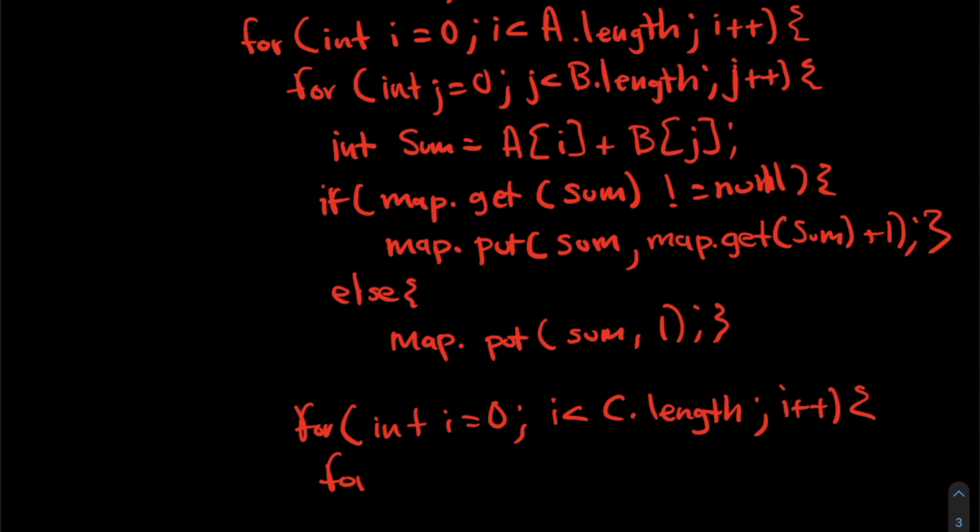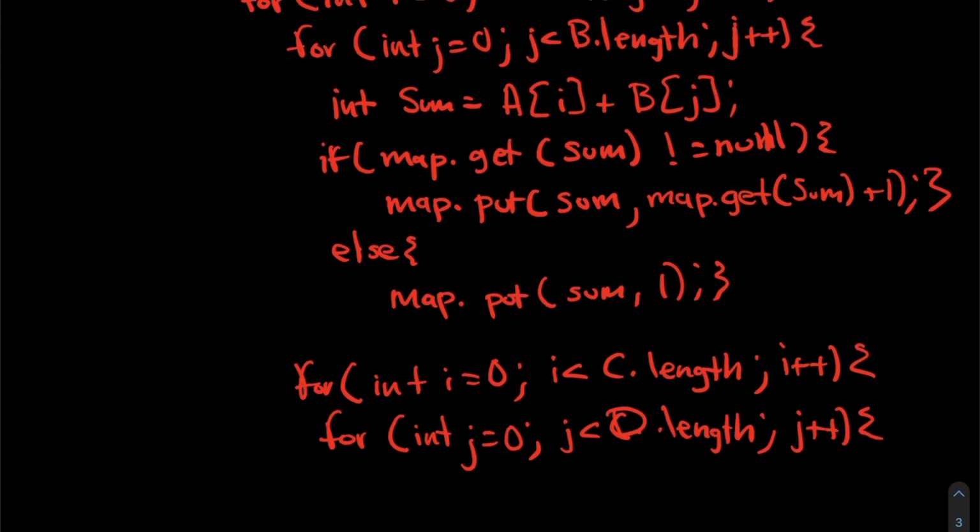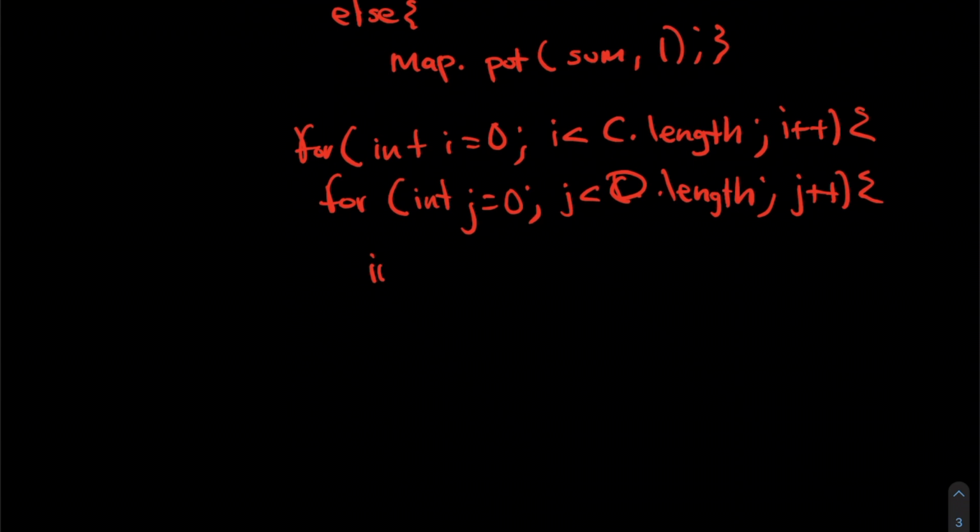And then for j, again using the same variable name, this is supposed to be d.length, and then j++. So here we're going to check what the sum is: int sum is equal to c of i plus d of j.